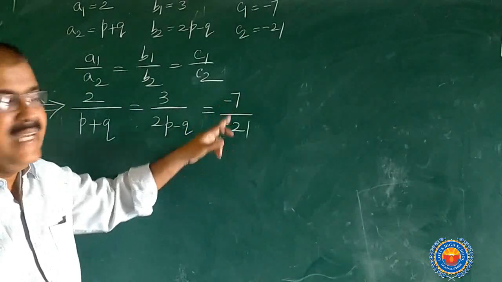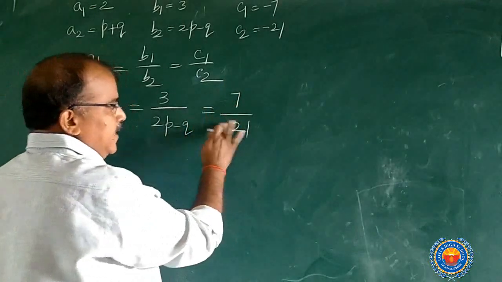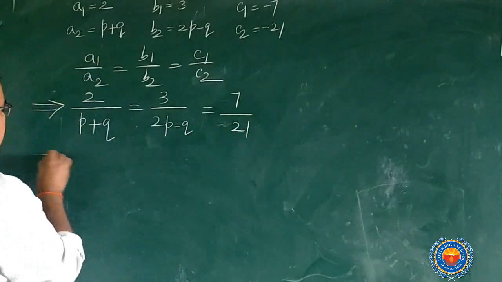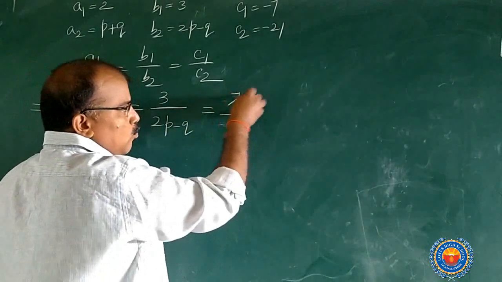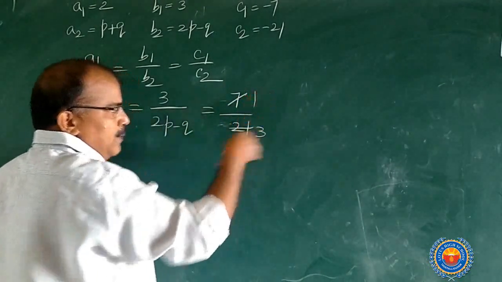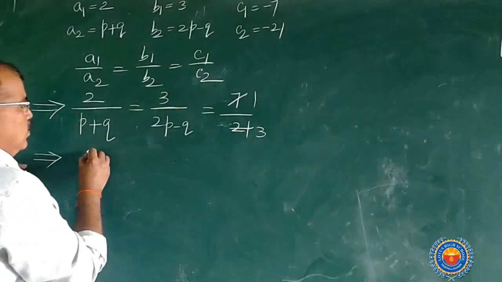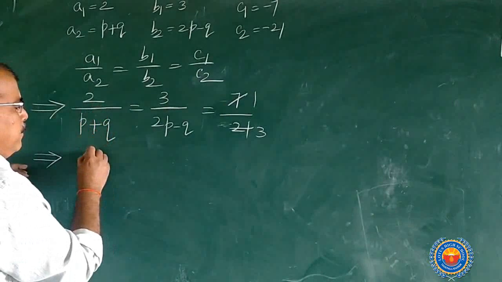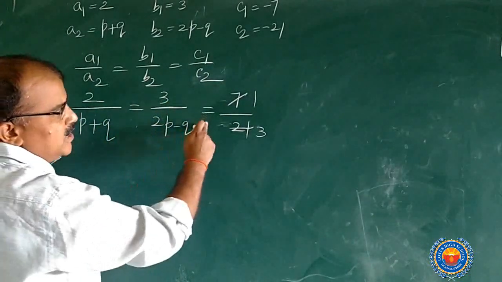Minus and minus cancel. Directly you can write 7 by 21. First you can simplify 7 by 21: 1 time, 3 times, so 1 by 3. 7 by 21 is nothing but 1 by 3. Now, 2 by p plus q and 3 by 2p minus q is equal to 1 by 3.